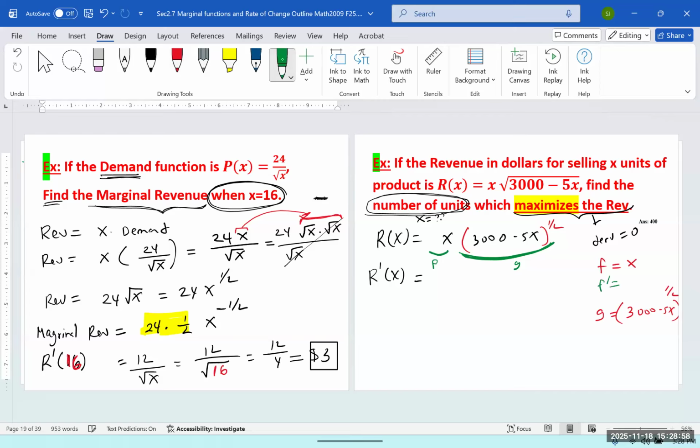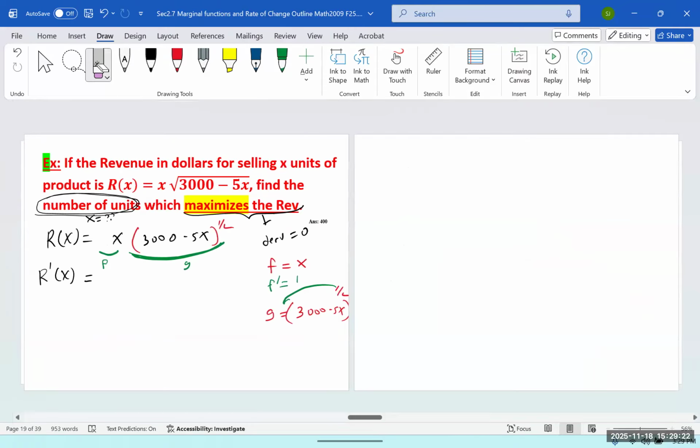So what is F prime? 1. And now what is G prime? G prime needs the chain rule because we have a composite function for G. So 1/2 comes down. Keep the inside the same. Actually, I need more space, so let me do it here on the right page.